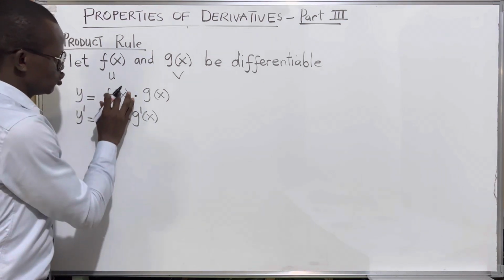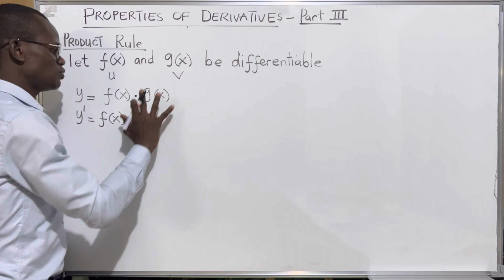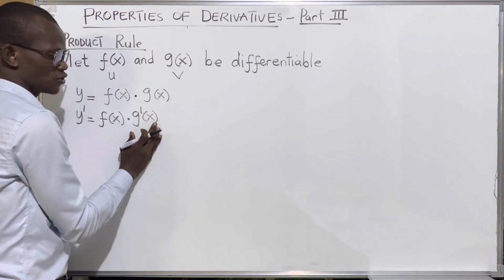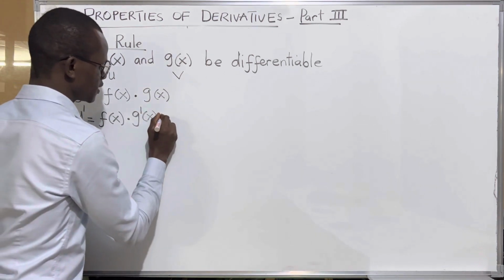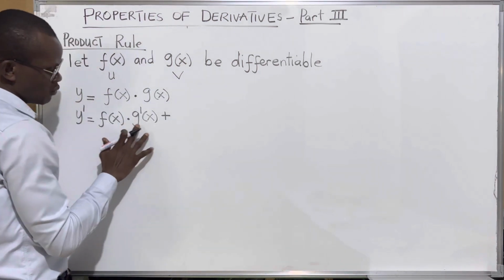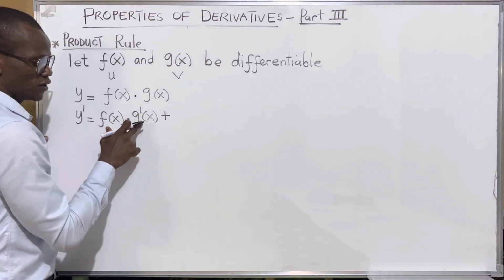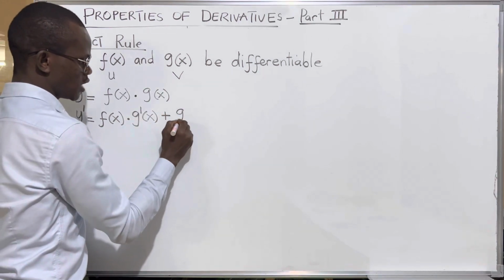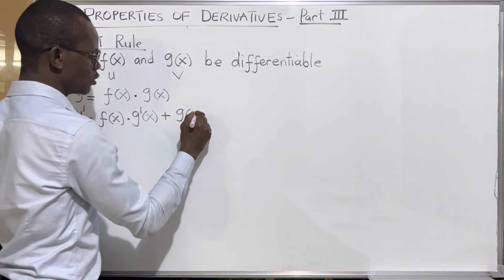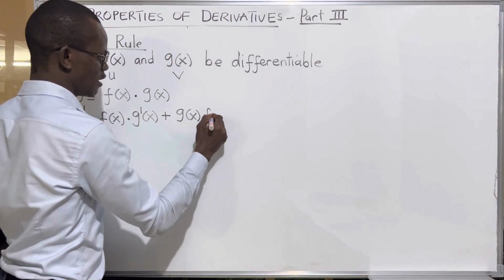That is, you hold the f of x function constant and differentiate the g of x function. Then you write a plus sign. Then, because the first time we differentiated g of x, now we are holding on to g of x and differentiating f of x.